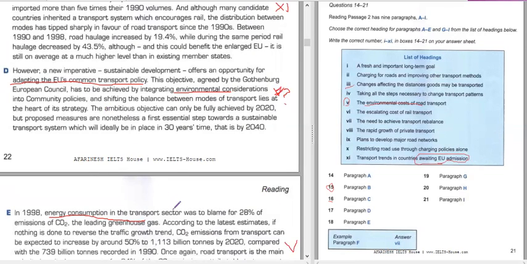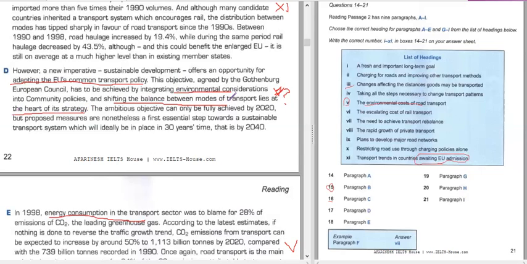Sustainable development offers an opportunity for adapting the EU's common transport policy. This objective, agreed by the Council, has to be achieved by integrating a consideration into community policies and shifting the balance between modes of transport lies at the heart of its strategy, at the plan.